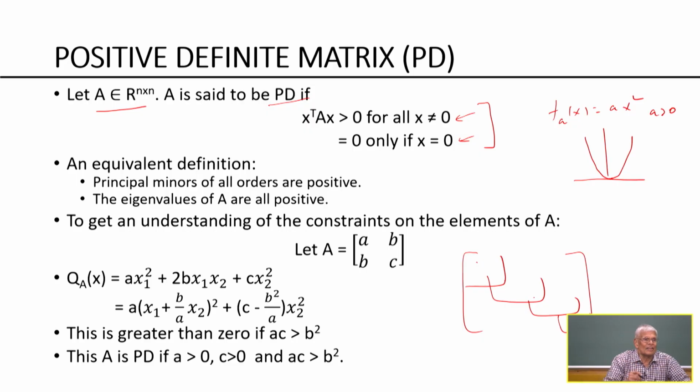So what is an equivalent definition? A matrix is said to be positive definite if and only if the principal minors of all orders are positive. Minor means what? It is the determinant. The determinant of the principal submatrix. That's a principal minor. With me? So every minor of order 1, 2, 3, up to n must be non-singular.